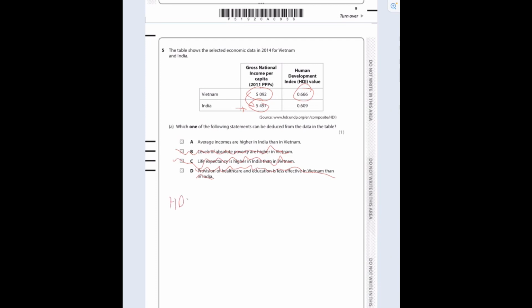So HDI, there are 3 main components. One is GNI per capita. The second is education. Within education, it's mean years of schooling, and average number of years of schooling.